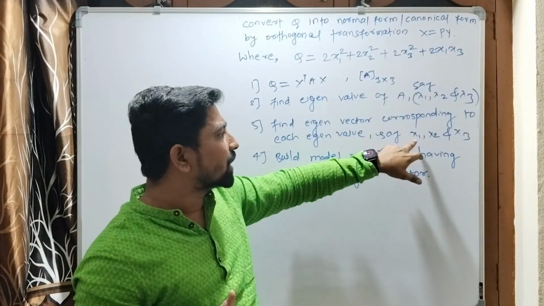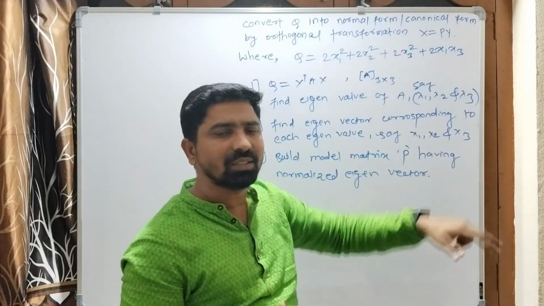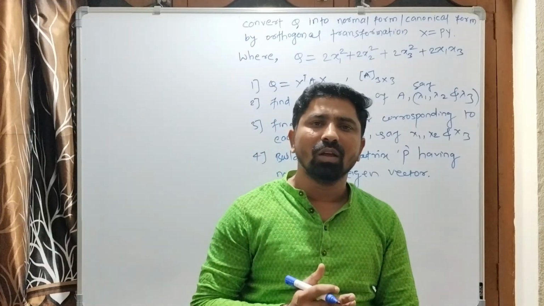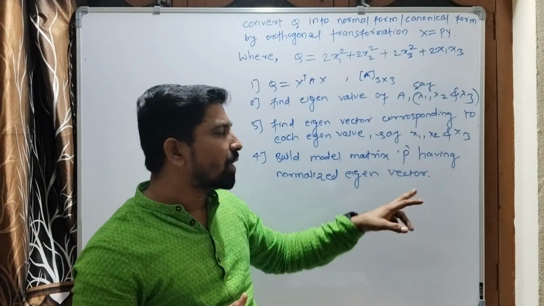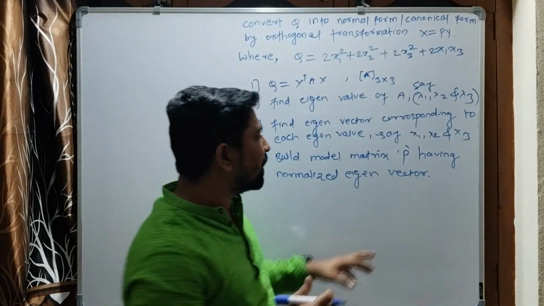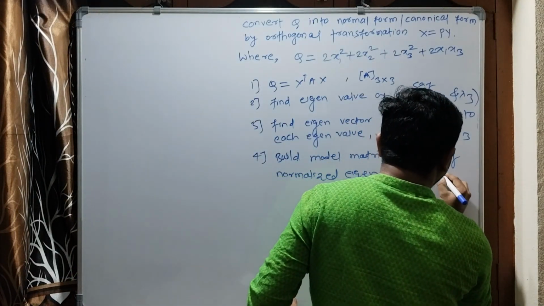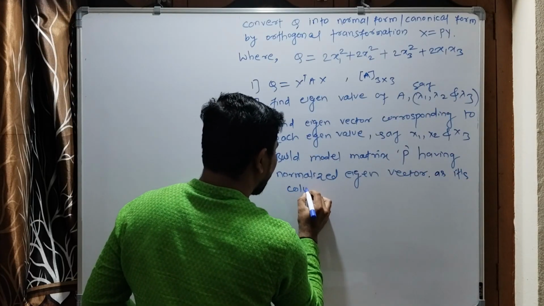Here this x1 is one column vector, this x2 is one column vector, and this x3 is again one column vector of order 3 rows and 1 column. Now this model matrix P is the matrix having normalized eigenvectors as its columns.